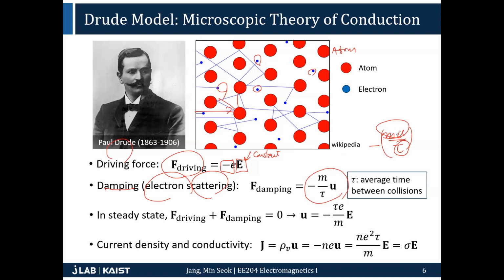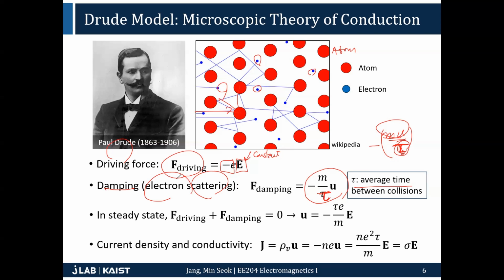So he thought that there is a tau which tells you the average time between collisions, which is called relaxation time. And if we have this relaxation time, then every tau, on average, an electron loses its momentum.